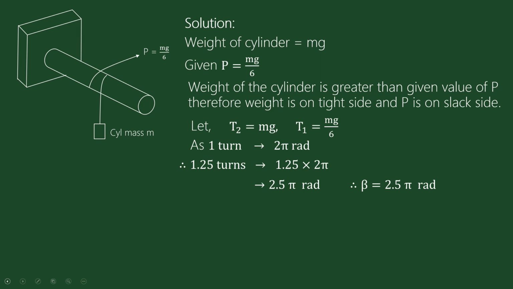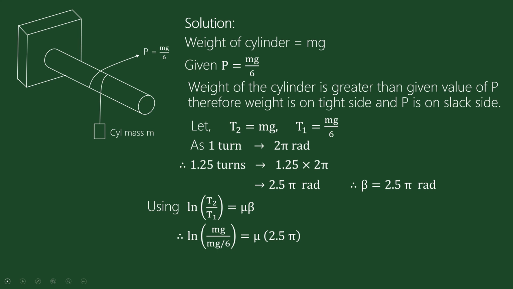Same as the last example, since mu is unknown, we can use the formula ln T2 upon T1 is equal to mu beta. Substitute the values of T1 and T2. T1 is equal to mg upon 6, T2 is equal to mg, and beta is equal to 2.5 pi. Clearly we can observe mg and mg get cancelled.